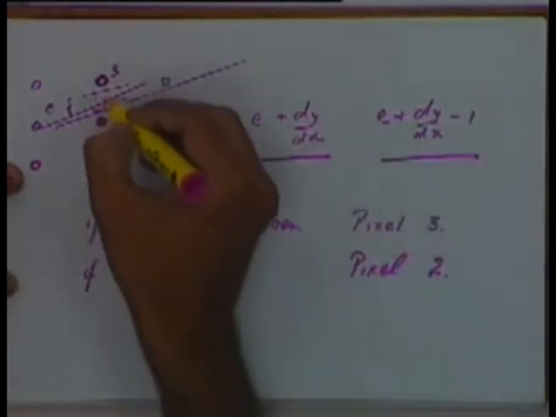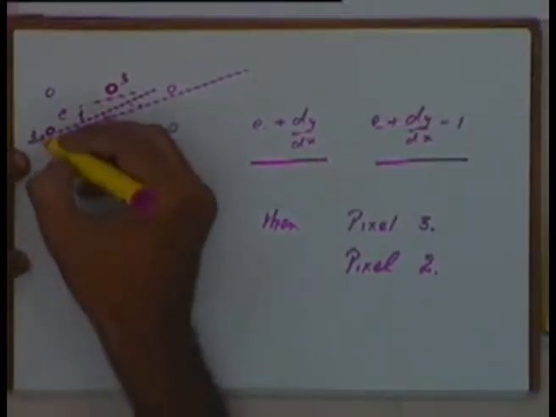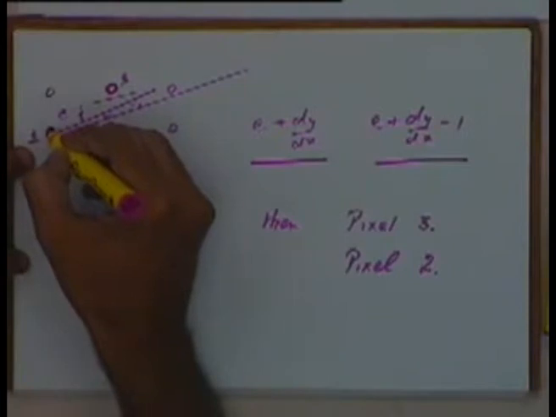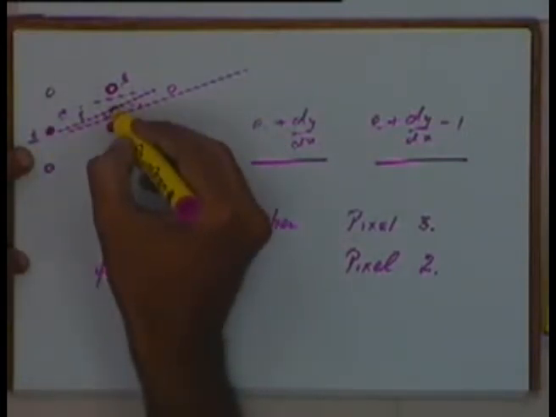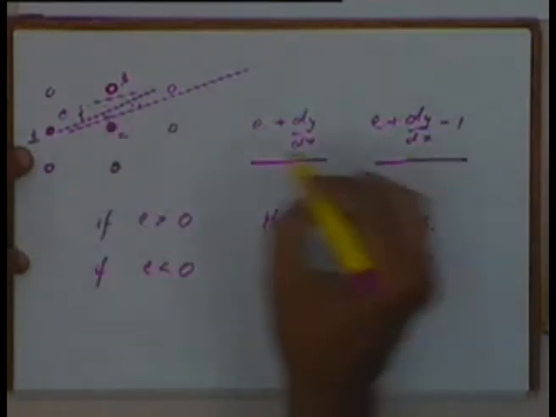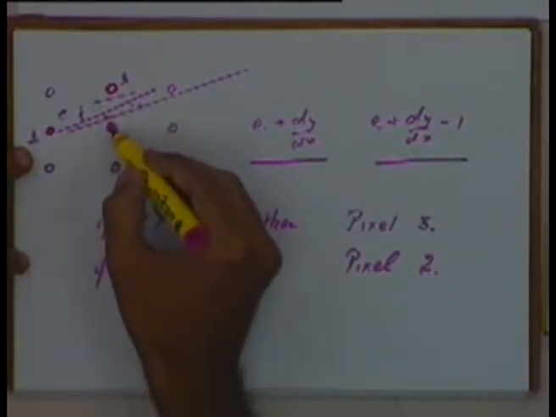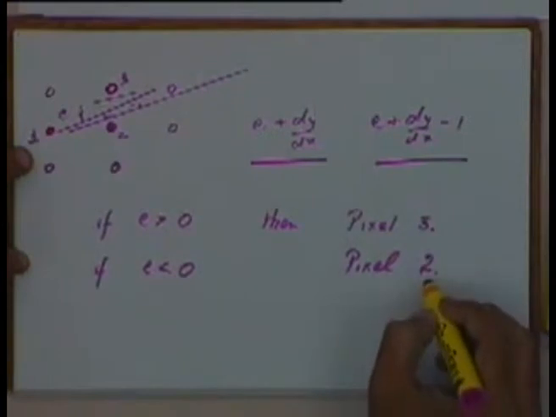Okay. If I am considering these two, the previous pixel has to be this one. Pixel number 1 has been displayed. If at the end of that pixel the error is positive, then we will display the pixel number 3. If at the end of that the error is negative, I will display pixel number 2.